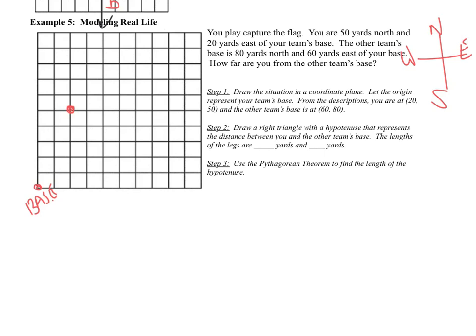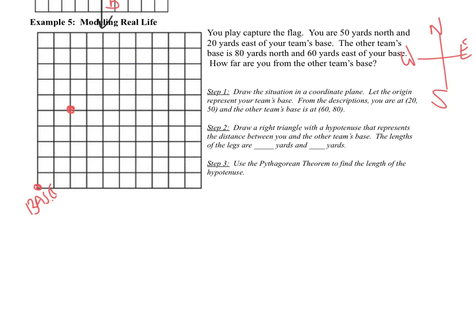Now, the other team's base is 80 yards north and 60 yards east of your base. So what that's going to mean is this. If I go back to my base, they are saying it's 80 north, 10, 20, 30, 40, 50, 60, 70, 80, and then 60, 1, 2, 3, 4, 5, 6.